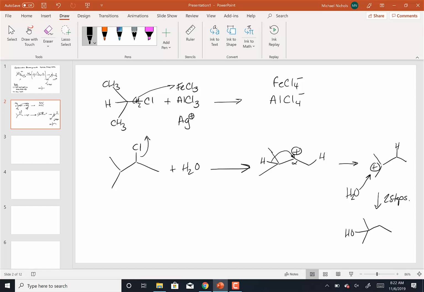But does everybody kind of see what I'm doing here? So if you wanted to question, well, should I shift the methyl group here or should I shift the hydrogen? It's really a question of rule number 1. So if the hydride shifts, I end up with a tertiary carbocation. Down here, if the methyl group shifted, what would it look like?